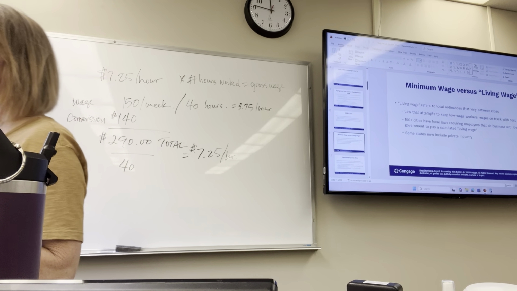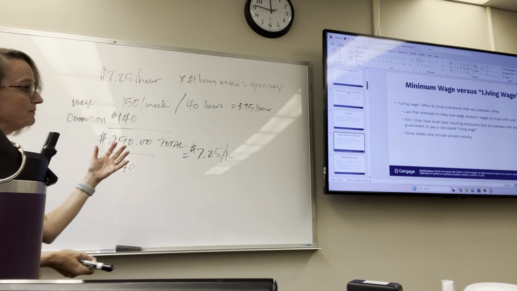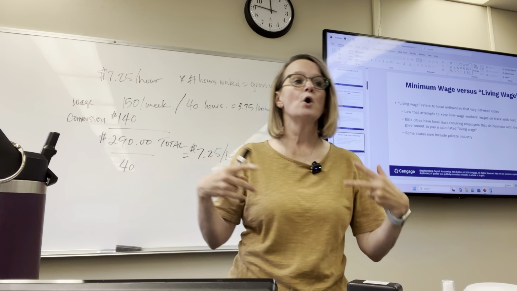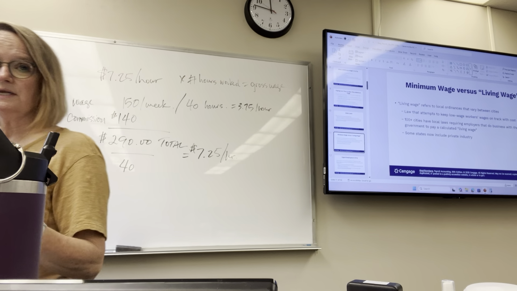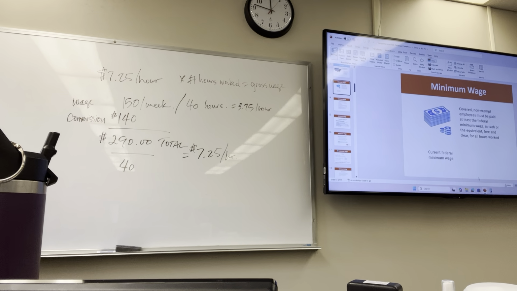So with this concept of living wage, there are certain cities and localities, and you saw some examples of those, where the minimum wage amounts are based on the cost for an individual to live in that area. So it's more based on cost of living, not so much about what the employer wants to pay or what the market rate is.